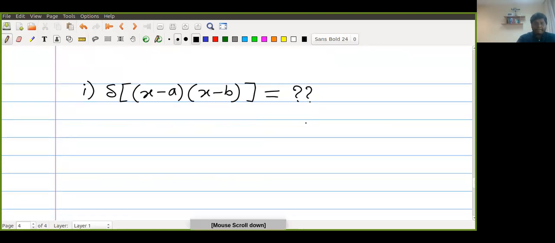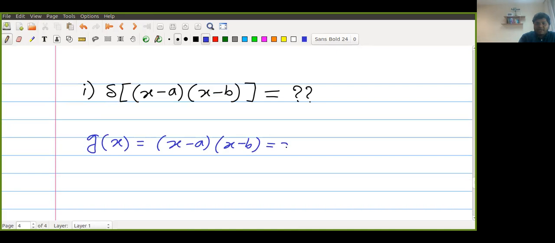Okay. Let me take the blue color. So here, if we want to use the previous formula, then our g of x equals x minus a into x minus b, which is nothing but x square minus ax minus bx plus ab.